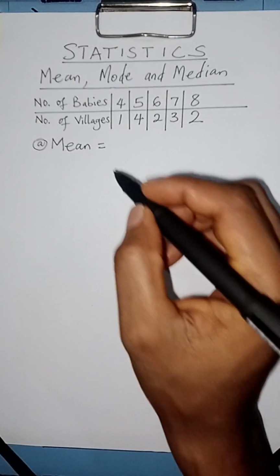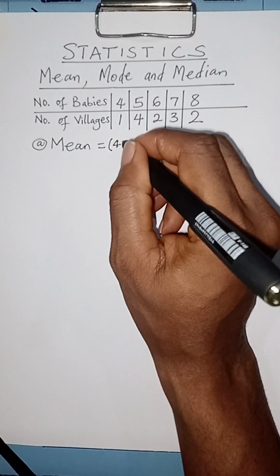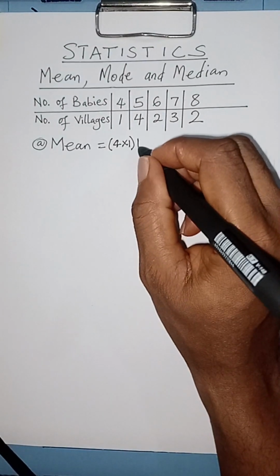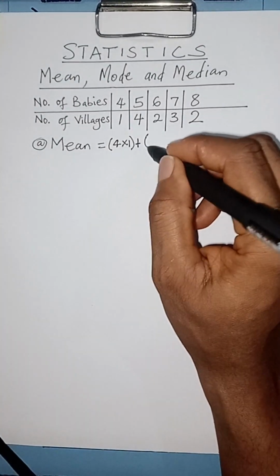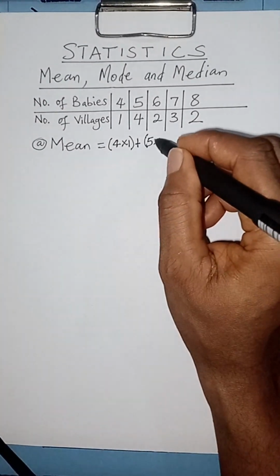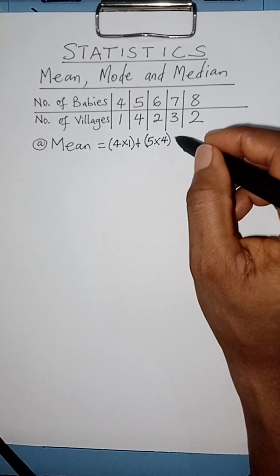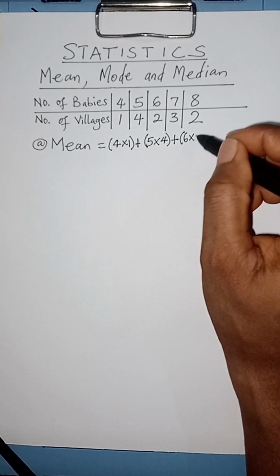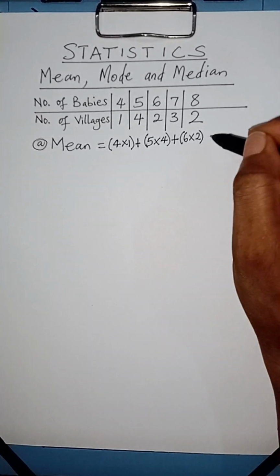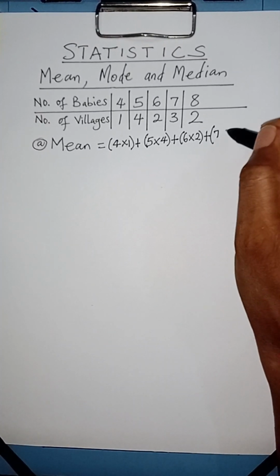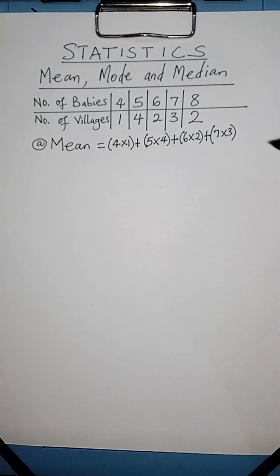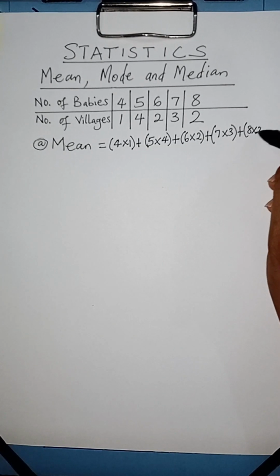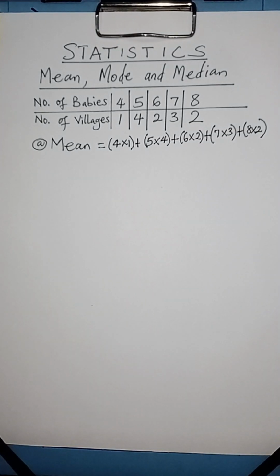So I'm going to start like this. 4 multiply 1 plus, you pick the next one, which is in bracket 5 multiply 4. You pick the next one, plus your addition sign, open a bracket, 6 multiply 2. You pick the next one, addition, open a bracket, 7 multiply 3. And then lastly, you pick the last one, which is 8 multiply 2, and then you close the brackets.